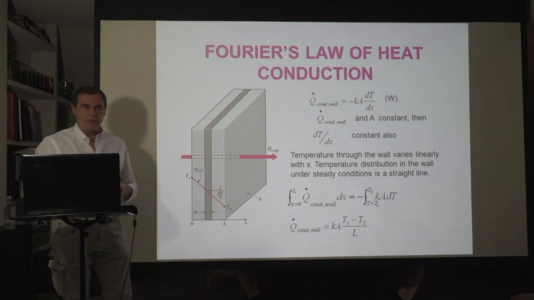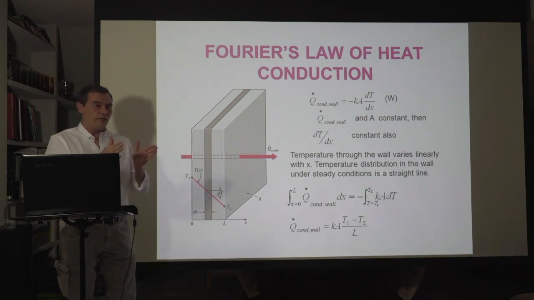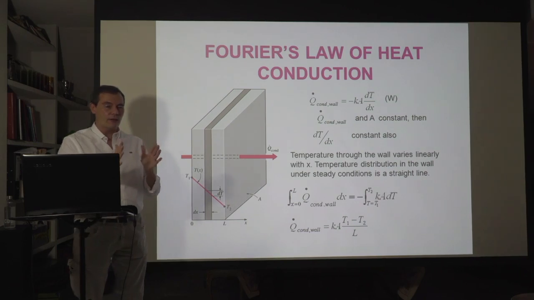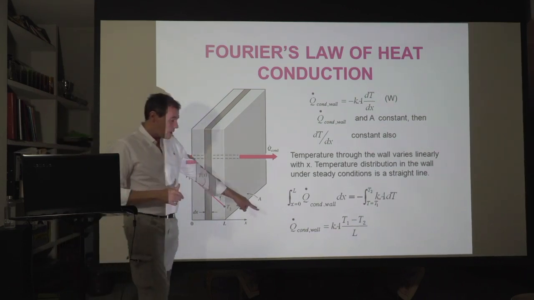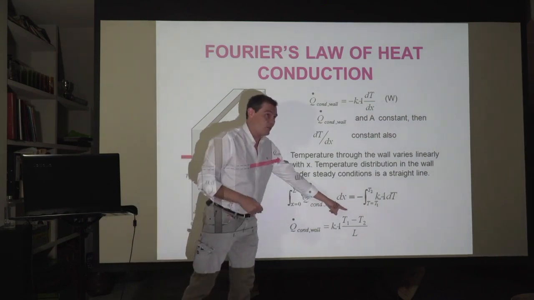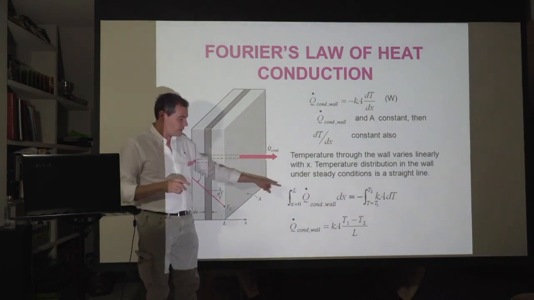But if we are designing the building envelope, if we are designing the walls, the roof, the floors, the windows, usually the first mechanism we study is conduction. So we have to memorize, or not memorize, but we have to understand this formula.